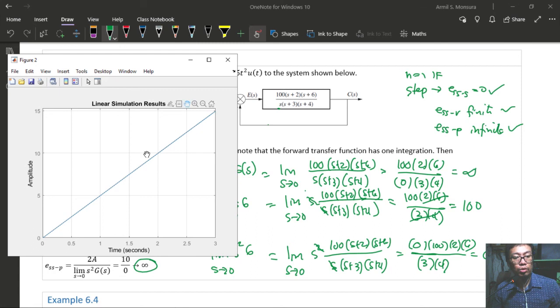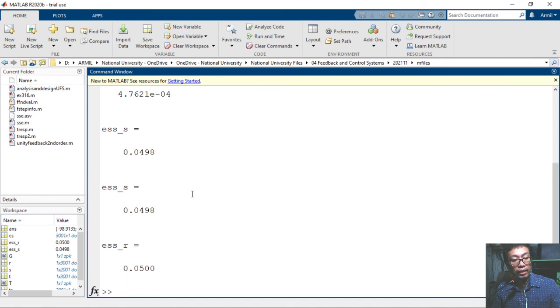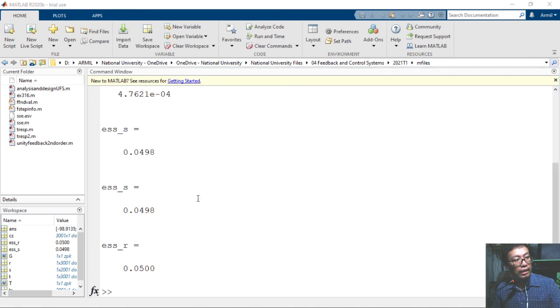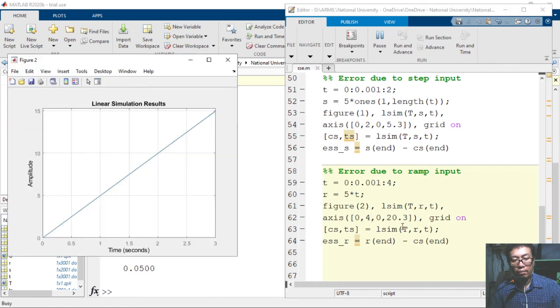Okay, and again, an indication na you are getting a finite error is kapag kahit na i-extend nyo tong simulation time nyo, you would still be getting the same amount of error.